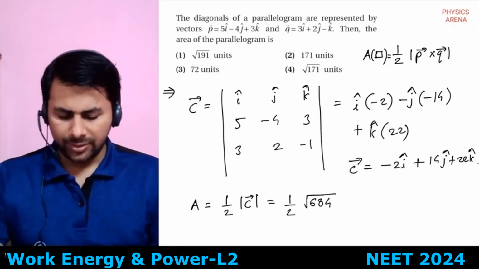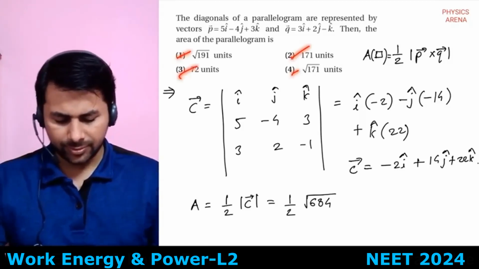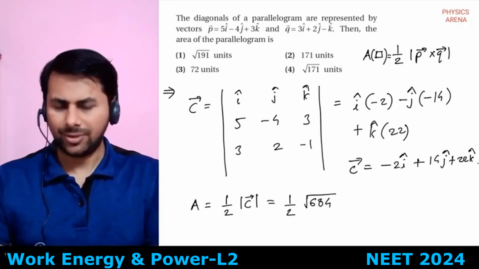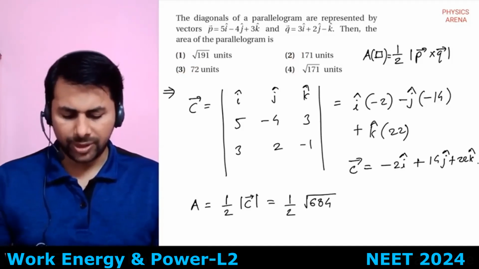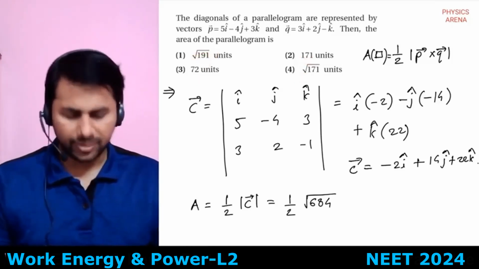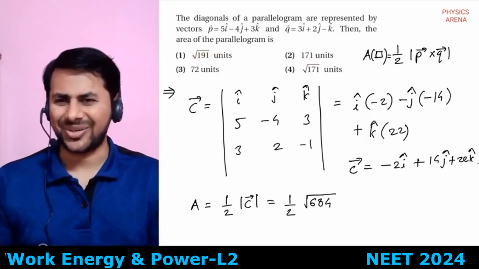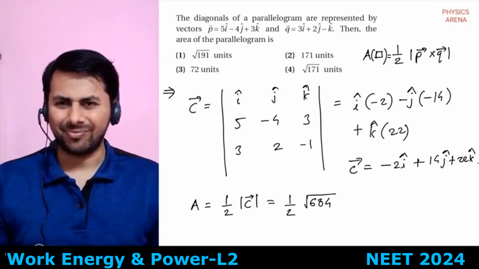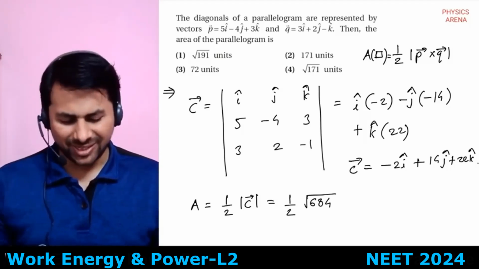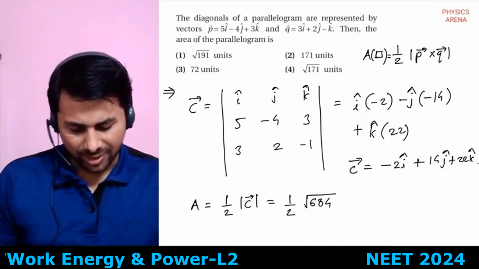So there is a mistake in this one also, right? This is how we'll find out. Don't care about these options. They are wrong, if our calculation is correct. The method is definitely correct. If our calculation is correct, then the options are wrong.